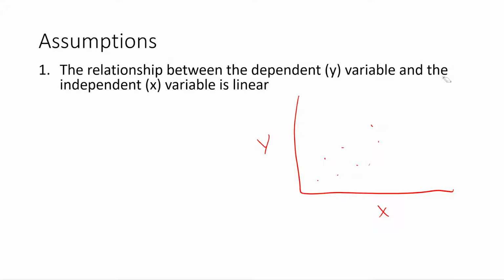But let's say our points look like, let's see. Actually, I'm gonna change this to look like that. If we try to draw a straight line through this data, it'd probably be something like this.